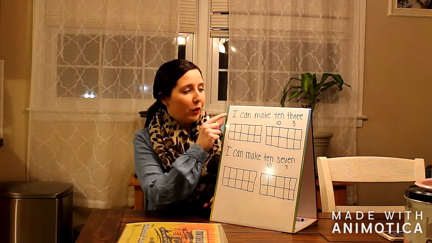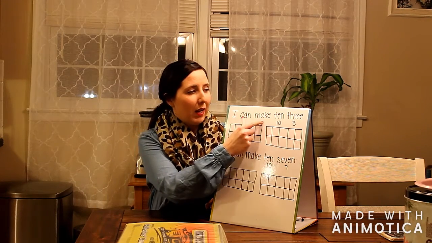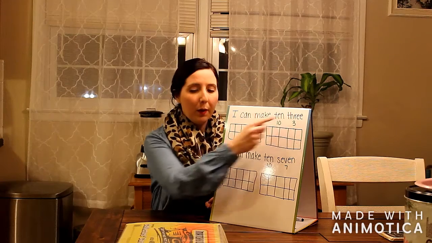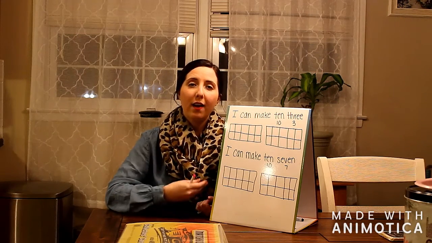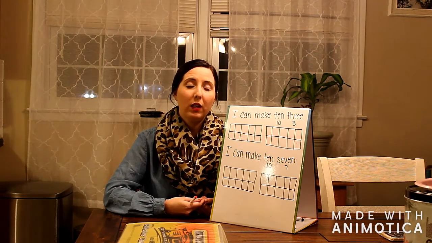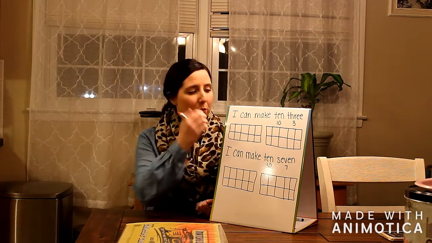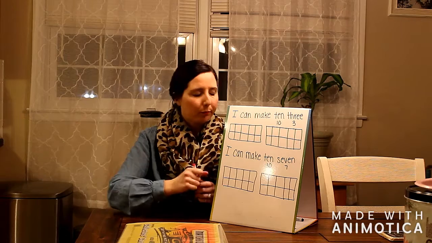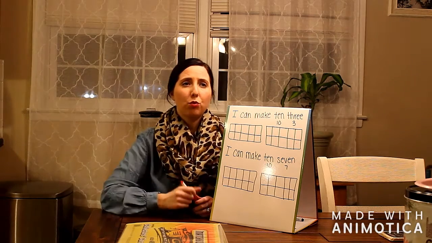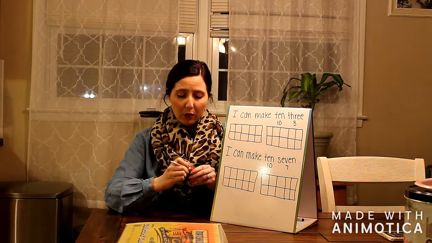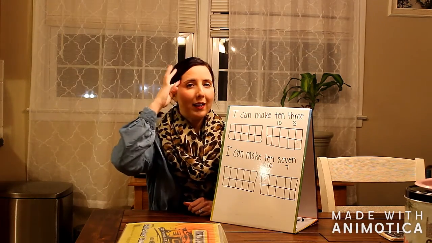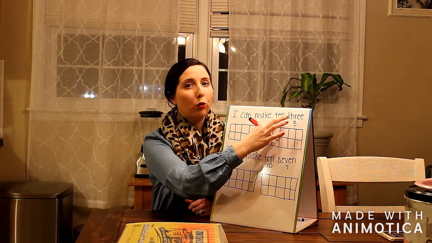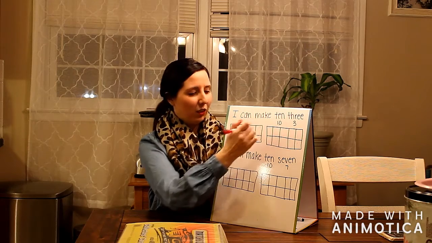So, our first problem says I can make 10, 3. Now, instead of using objects like we did before with the cars and the cubes, this time I'm just going to draw little circles inside my boxes to represent my numbers. So, if my number is 10, 3, I know that I need to first make a group of 10. Good.